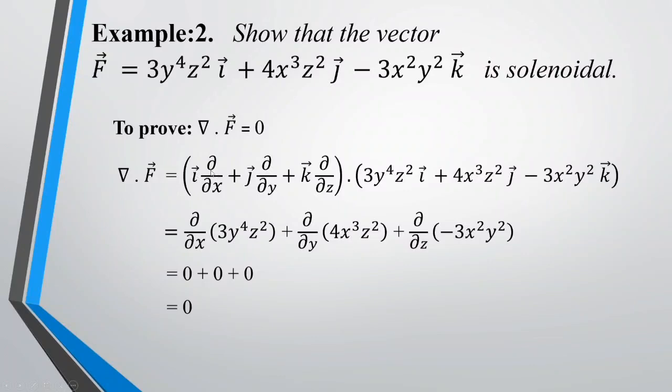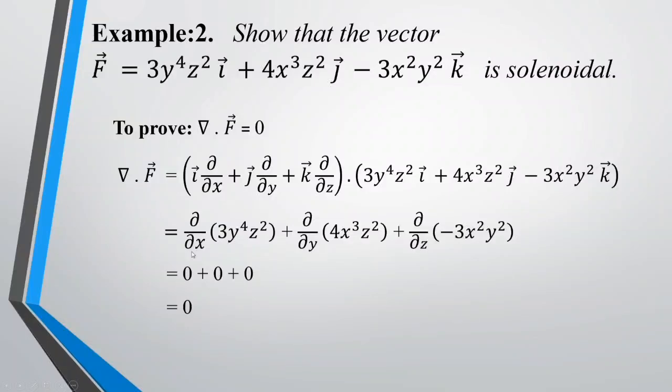So when we take the dot product between the first terms in the brackets, we'll get dou by dou x of 3y power 4 z square, plus then the second terms inside each bracket, dou by dou y into 4x cube z square, then plus dou by dou z of minus 3x square y square. Other all terms will become 0.